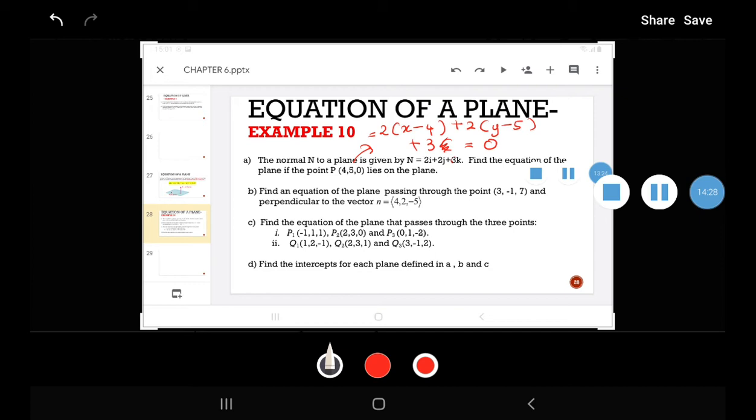Okay, so now looking at B, this is similar to example 10a. Find an equation of the plane passing through the point 3, minus 1, 7 and perpendicular to the vector 4, 2, minus 5.